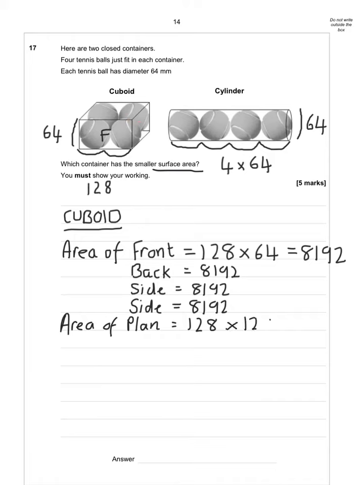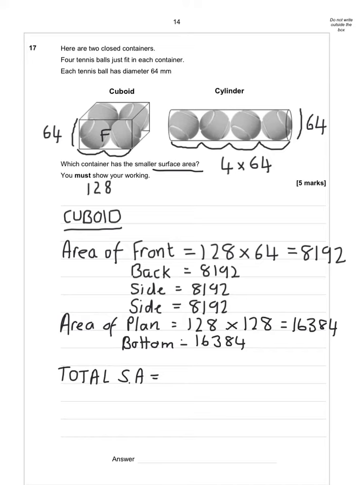So I can find the area of the plan really, really easily. 128 squared gives me 16,384. So I know the area of the bottom is the same as the plan, so I'm going to write that down as well. That is 16,384. So now I've got what each face is worth, I can find the total surface area, and I can find that just by adding all of these areas together.